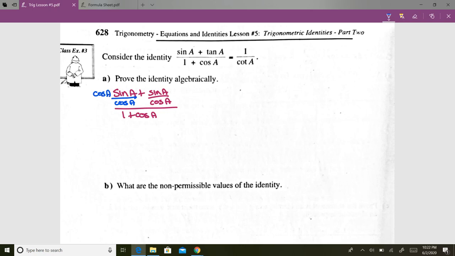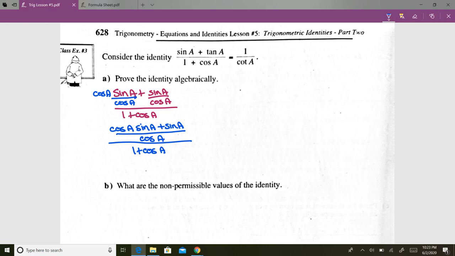So now the top becomes cos A sine A plus sine A over cos A. That's the top, and the bottom is still 1 plus cos A. Okay. Now what can I do? I don't have any cotans or tans or anything. We're just looking at the left side. We're not touching the right side yet.